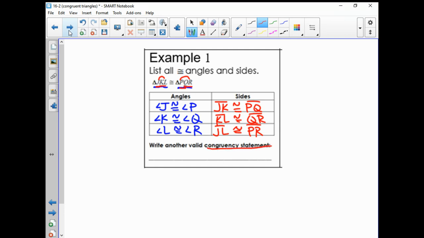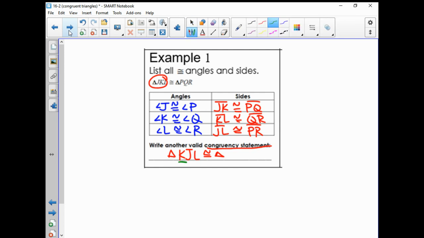And then it says, write another valid congruency statement. So there's one more part. Basically, they just want you to mix up the letters. Try this triangle with different letters. We could call triangle JKL by lots of different names. Let's just call it KJL. So we used our same three letters, but they're in a different order. So when we're asked to find another valid congruency statement, we've just got to mix up these letters too.